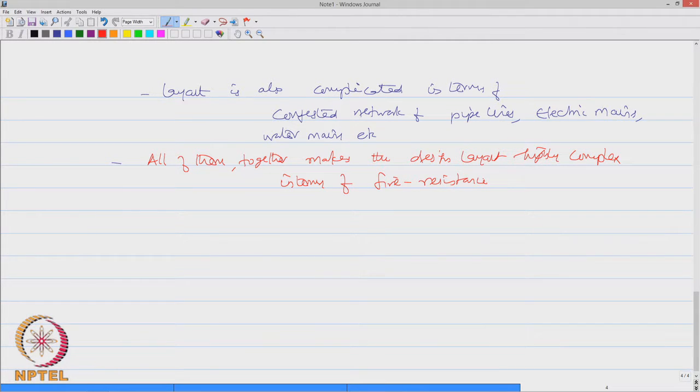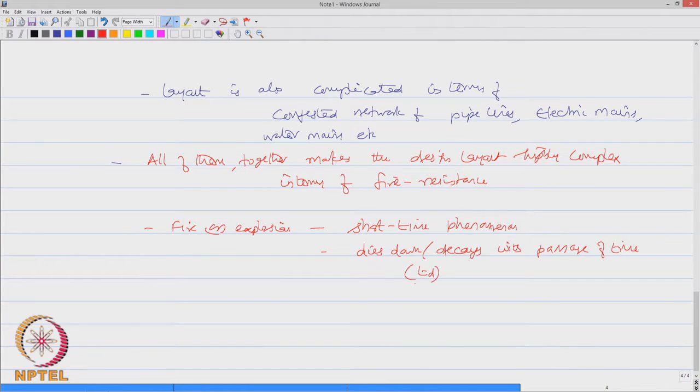because as we understand, fire or explosion is a short time phenomena which dies down or decays with passage of time, what we call as TD.